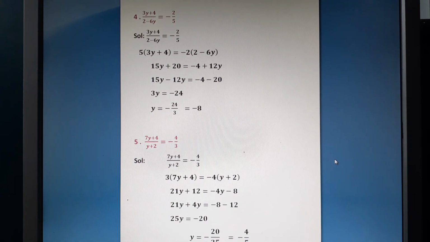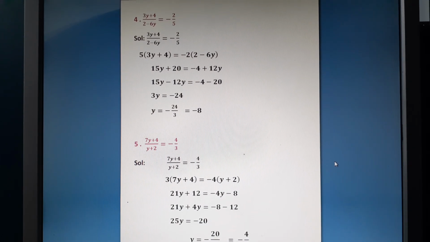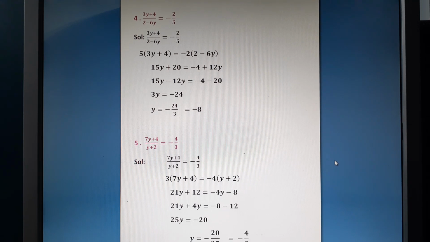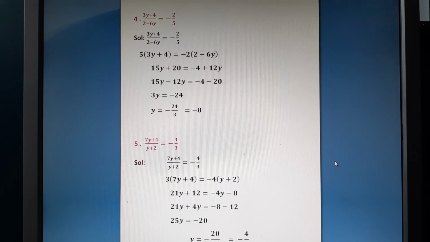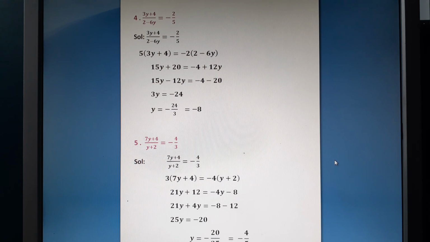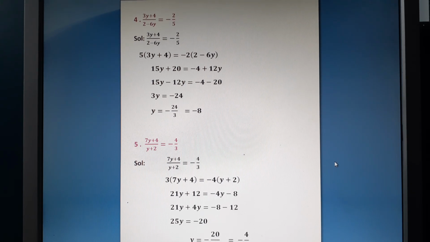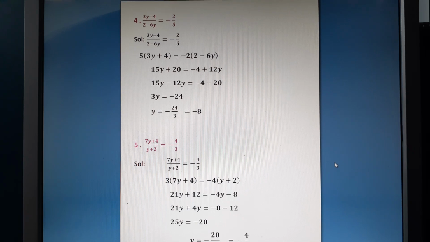Question number 4. (3y plus 4) divided by (2 minus 6y) is equal to minus 2 divided by 5. Solution. (3y plus 4) by (2 minus 6y) is equal to minus 2 by 5. Here do the cross multiplication.